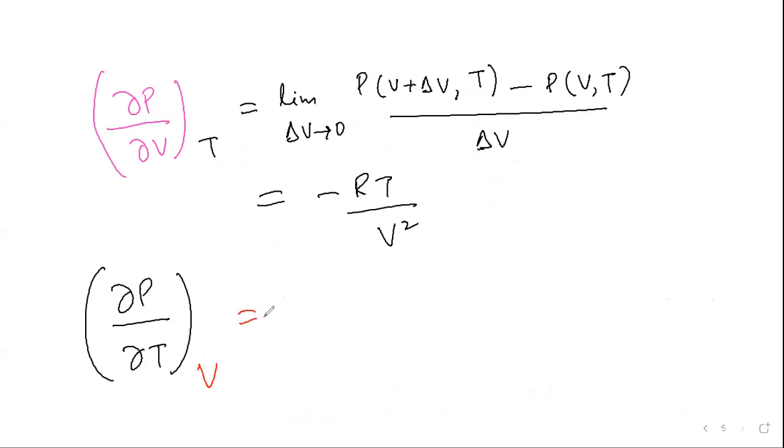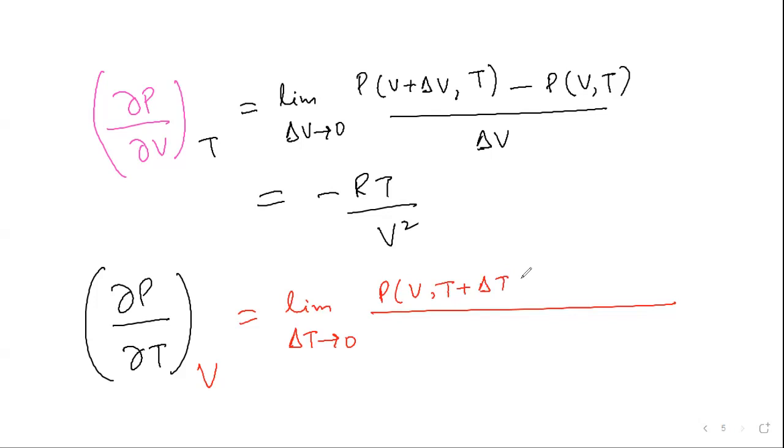Mathematically that means I have to give an increment to temperature. So it is the limit as delta T tends to 0 of P(V, T plus delta T) minus P(V, T) over delta T. So the increment is in temperature.